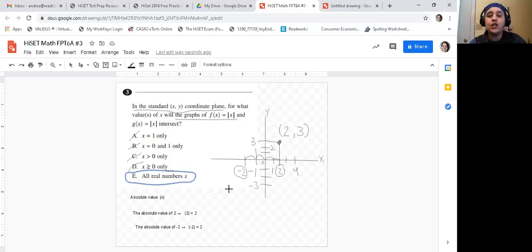If it's the same machine, the same function, then guess what? It's going to have the same graph. And it's going to have the same graph no matter what x is. So in this case, f of x was absolute value of x, and g of x was absolute value of x, and they're asking, where do they intersect? It's going to be all real numbers. They intersect for all real numbers.